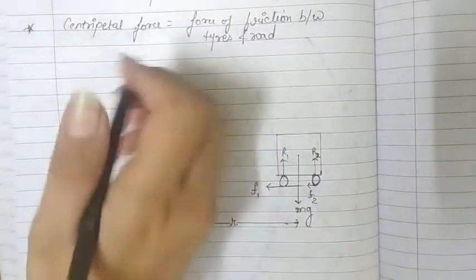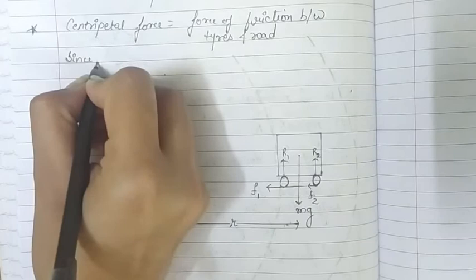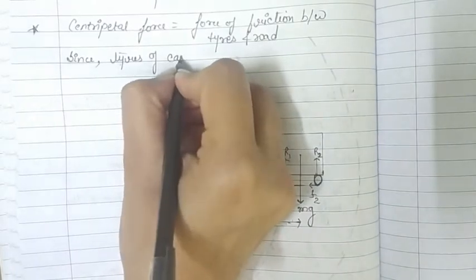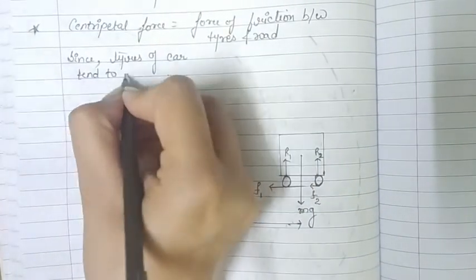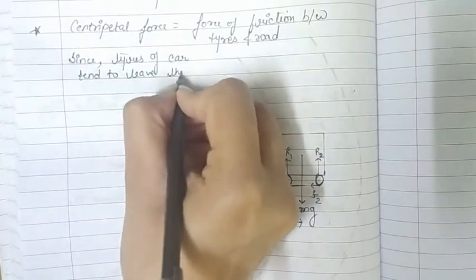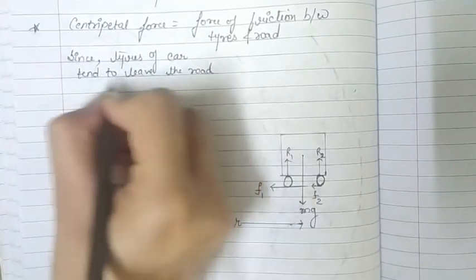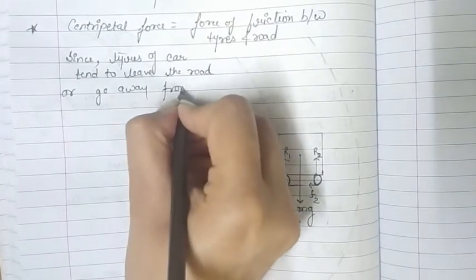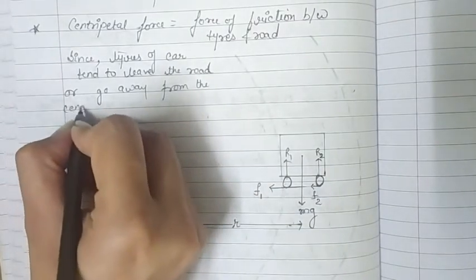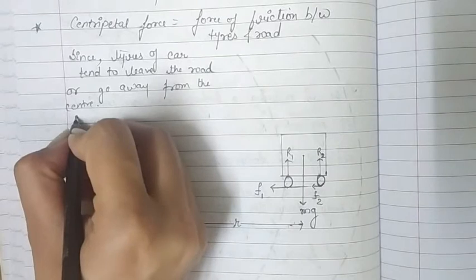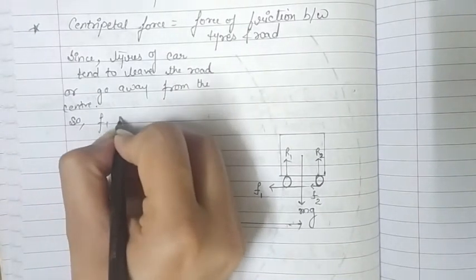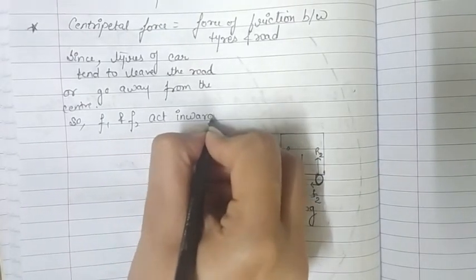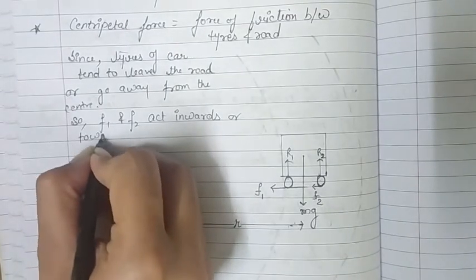The condition is, since the tires of the car tend to leave the road, or go away from the center, because of that the friction forces F1 and F2 act inwards, towards the center of the curved road.